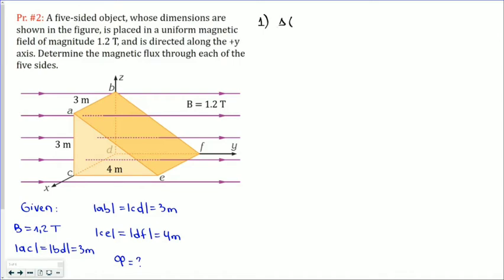It's triangle AEC, and also the triangle BFD, and the parallelogram CDFE. They are all parallel to the magnetic field lines.